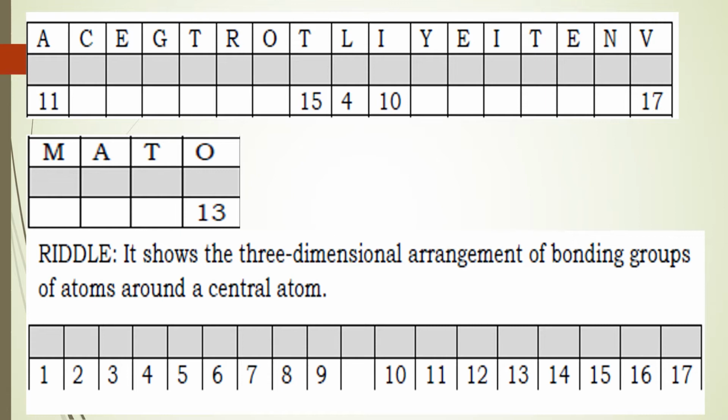It starts with letter M. So it is molecular geometry. If you are able to answer it, then I think you are ready now for our lesson. So fasten your seatbelt, for we are about to take off.